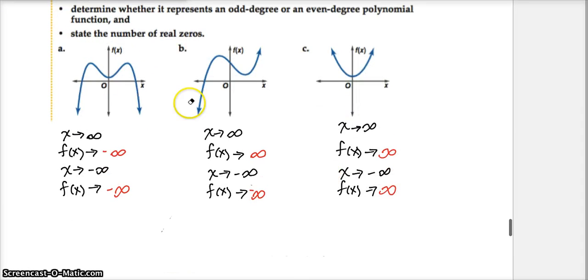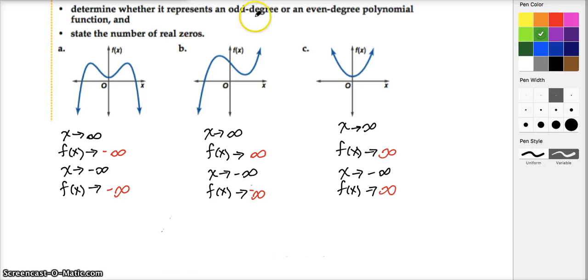And so just from that quick reveal, we can determine whether we have an odd or an even degree polynomial. Here, since both arms are going in the same direction, we should know that this is an even degree polynomial. And because both arms are going in different directions in this one, this is an odd degree. I think you know what this is. It's even. Both arms are going in the same direction, all right?